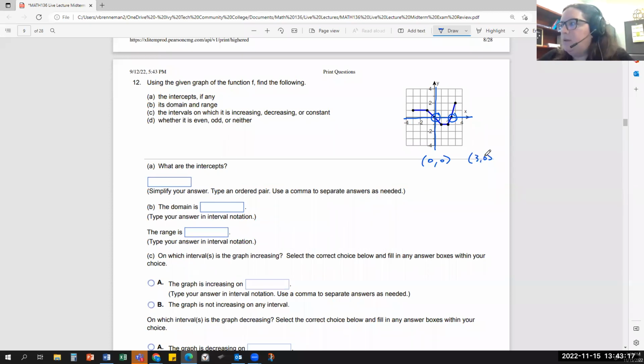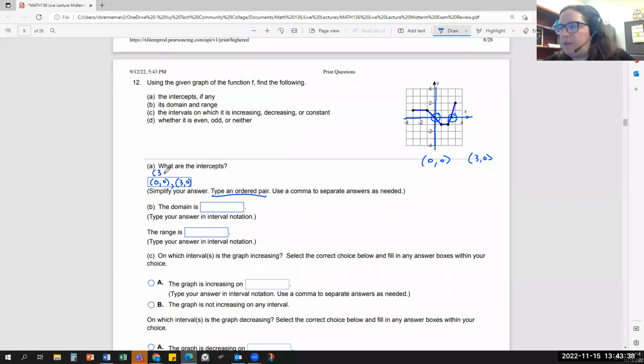An intercept as an ordered pair will always have 0 as at least one of the coordinates. Because it just asked what the intercepts are and didn't specify x-intercepts or y-intercepts, it does want the ordered pairs, and it says type an ordered pair. So that's exactly what you would put in there, those ordered pairs separated by a comma.